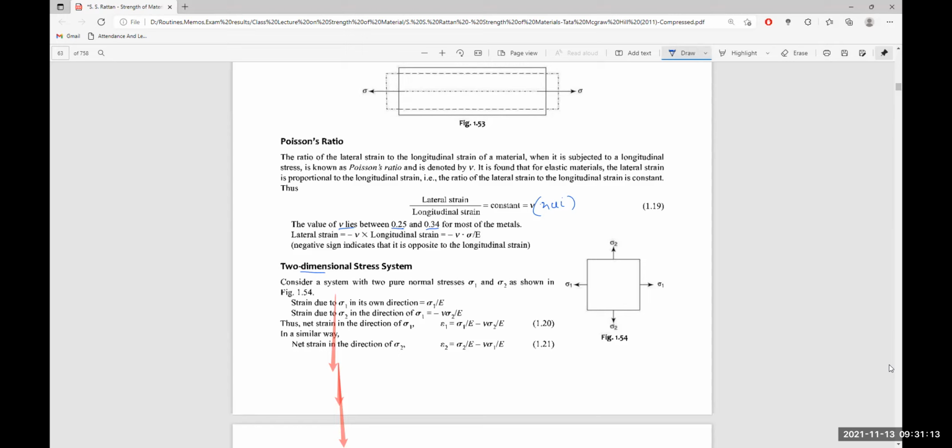One is sigma 1, say along x-axis, and sigma 2 along y-axis. The net strain in direction sigma 1 will be sigma 1 divided by E, the longitudinal strain, minus mu multiplied by sigma 2 by E, that is lateral strain. Same is the case with respect to epsilon 2 or epsilon 1 itself.